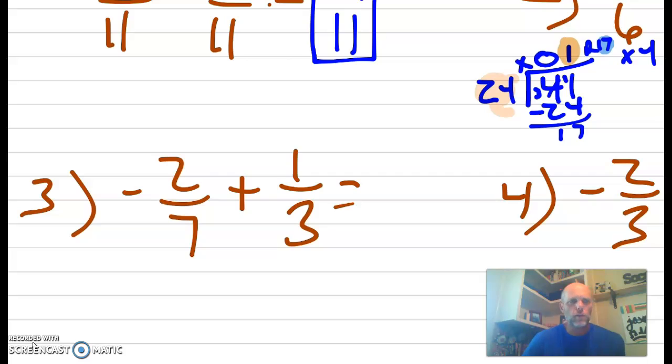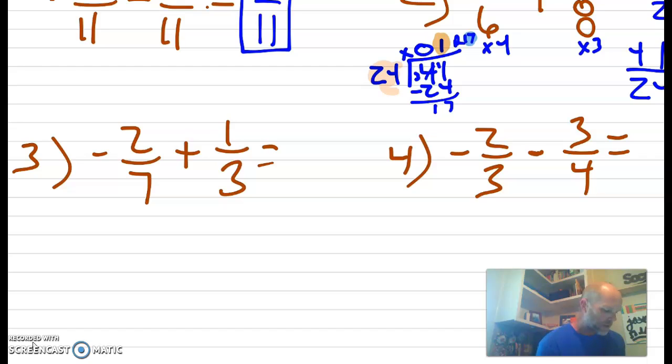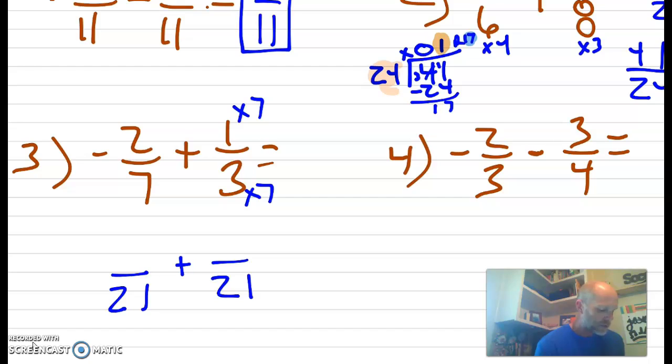And then if we skip count by 7, we go 7, 14, 21, 28. Well, what did you notice that matched in there? 21. So that means our denominator is going to be 21 for both of them. And so how do we get from 3 to 21? Multiplied by 7. So whatever you do to the denominator, sorry, that sounded weird, you do to the numerator.